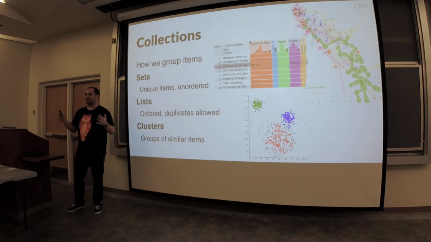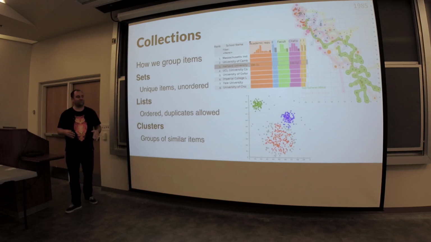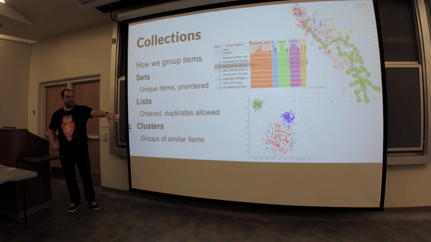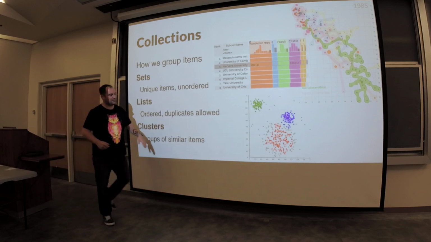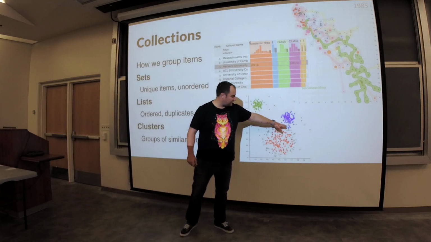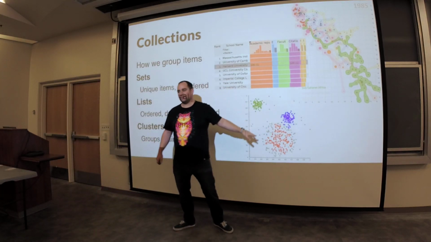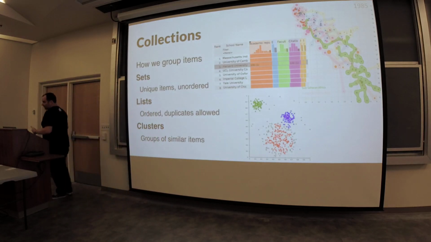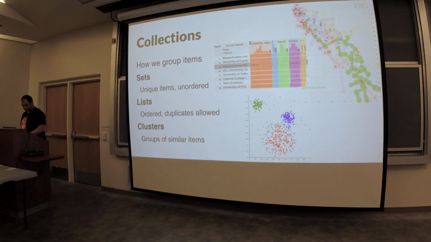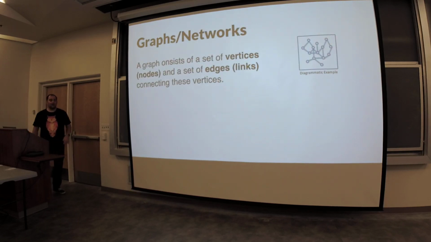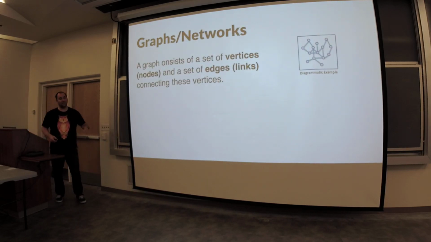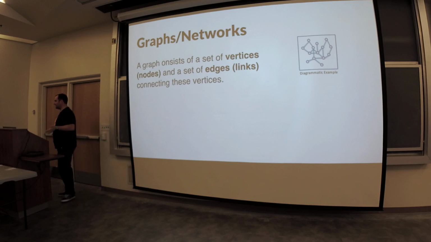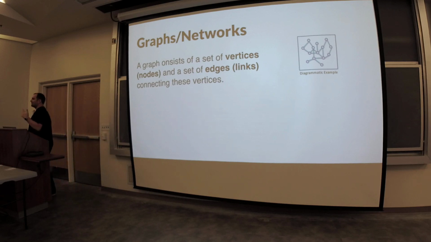But if I want to classify the points in this scatter plot, it's not completely clear where the points at these intersections belong, where these points here belong. So I have the softer notion of clusters that are groups of similar items. We'll have a dedicated lecture on set visualization, and we'll talk about clustering when we talk about tabular data and so on.